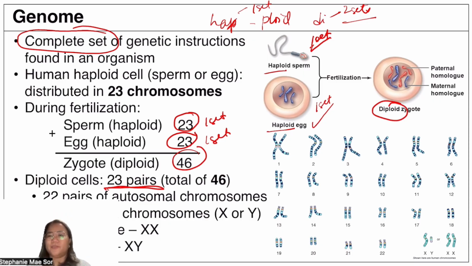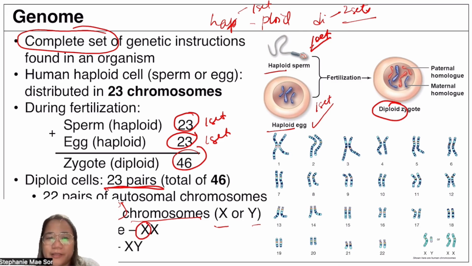Okay? So, dun sa 23 pairs of chromosomes na yun, 22 pairs are actually autosomal. One pair is for the sex. So, autosomal chromosomes, of course, are responsible for all the traits of our body. The one responsible for your sex traits, of course, is your sex chromosomes. So, depende kung ano ipapasa sa'yo ng nanay mo, ipapasa sa'yo ng tatay mo, kung ano yung gender.